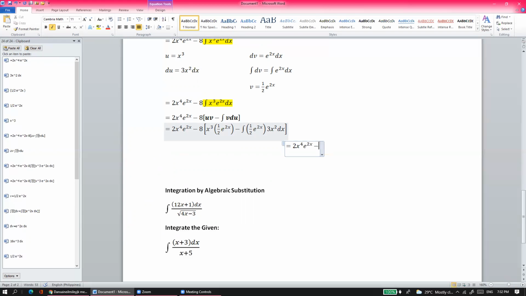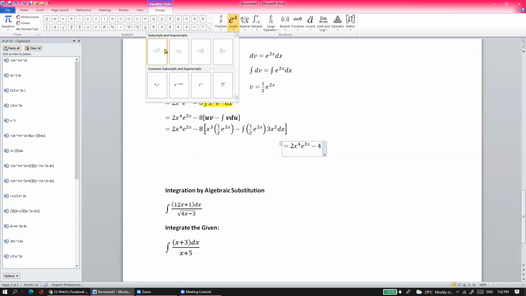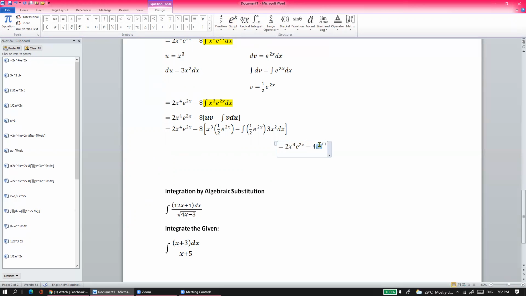But 8 over 2, I think that is 4. And then we have x cubed. Then e to the 2x. Okay, so let's proceed.